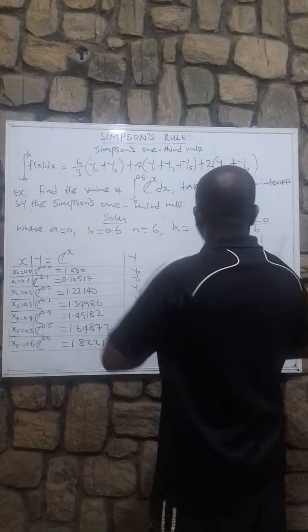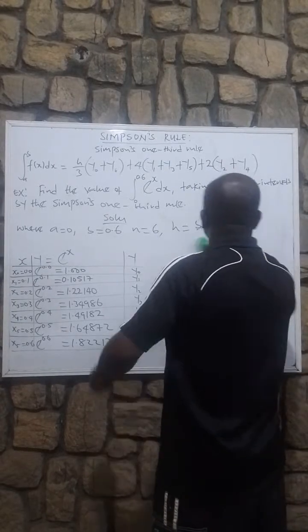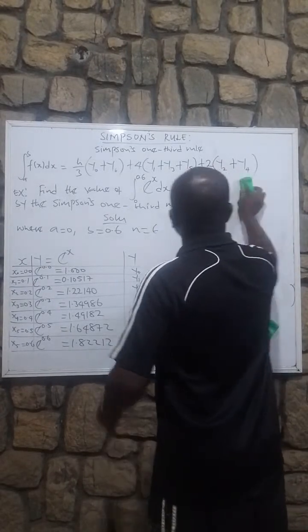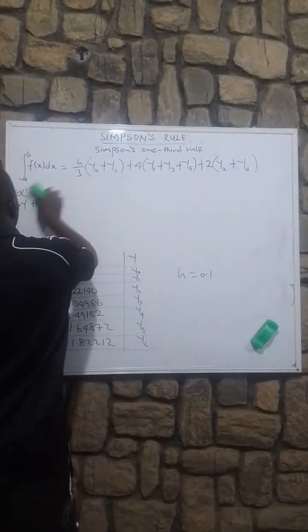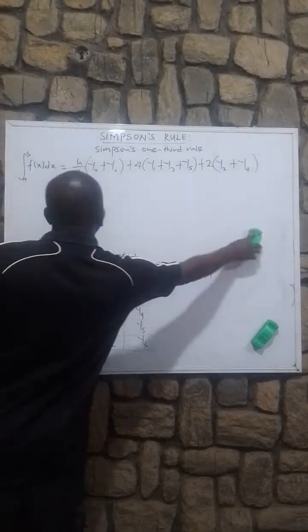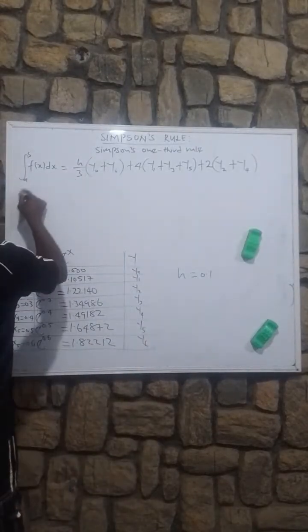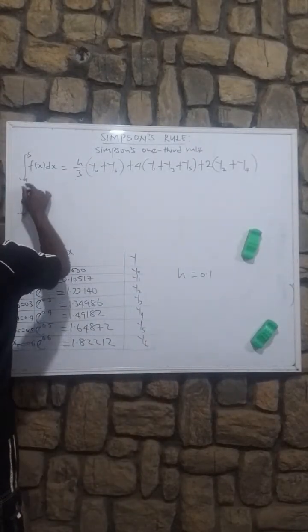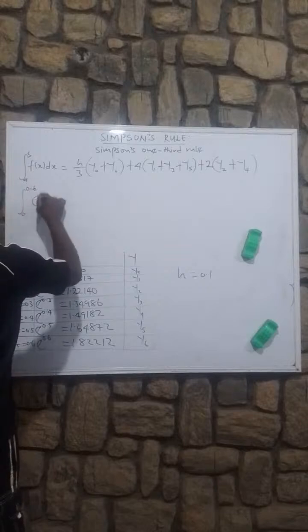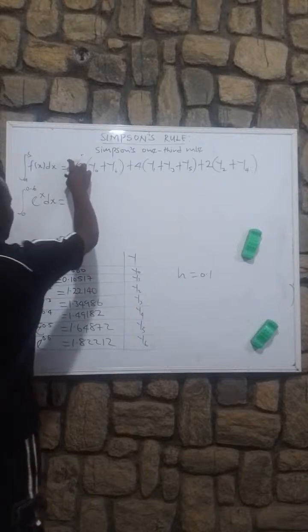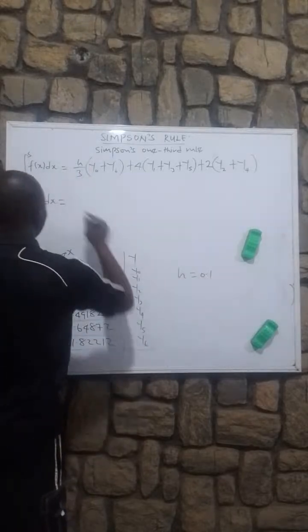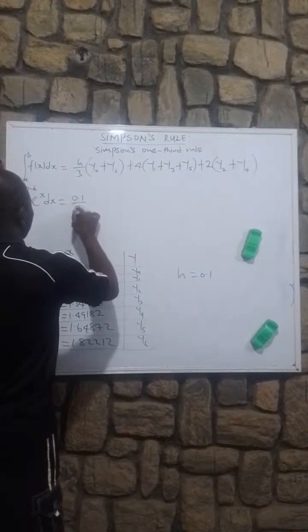True or false? Okay, so let's clean here and substitute in. This implies that the integral from 0 to 0.6 of exponential x dx is equal to h, which is 0.1, all over 3.